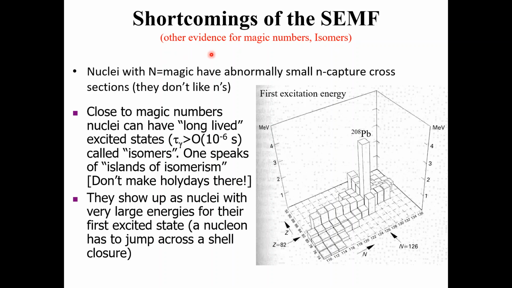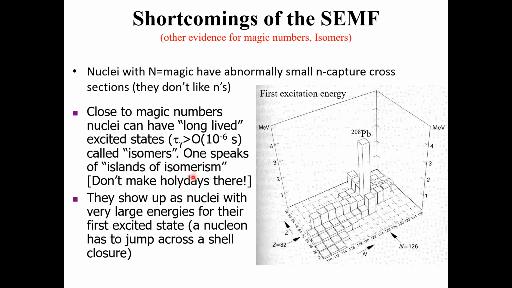Other evidence for the magic number is if we consider the case of isomers. Nuclei with a magic number of neutrons have abnormally small neutron capture cross sections, and nuclei close to a magic number can have long-lived excited states, on the order of 10 raised to the power minus 6 seconds, called isomers.